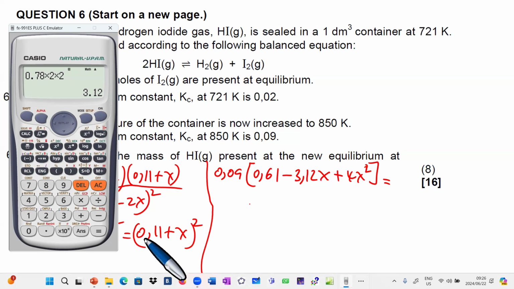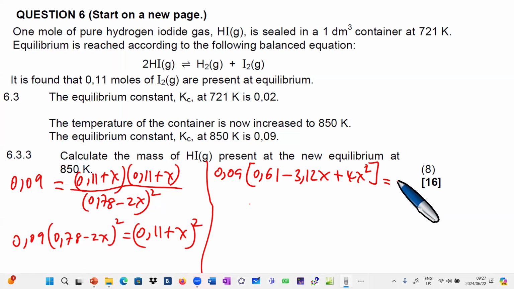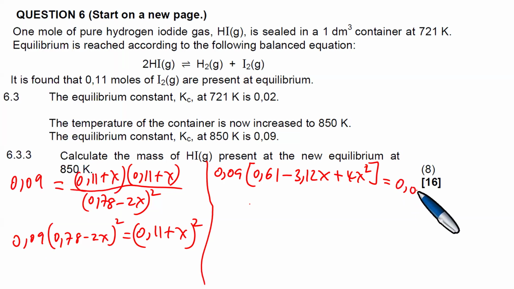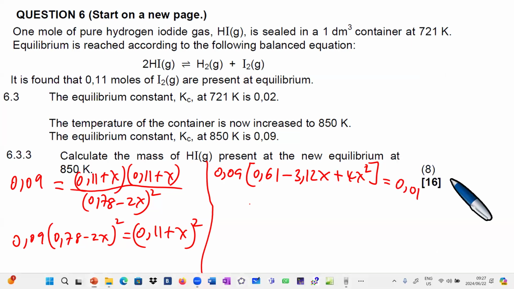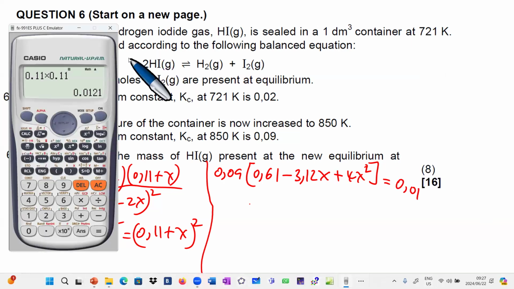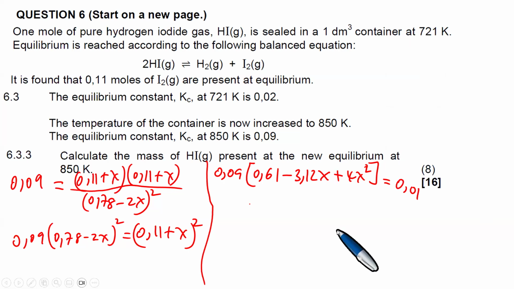To square this out, you need to say 0,11 times itself, which is 0,01.